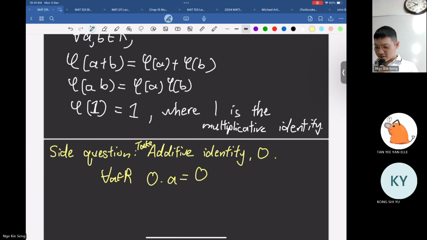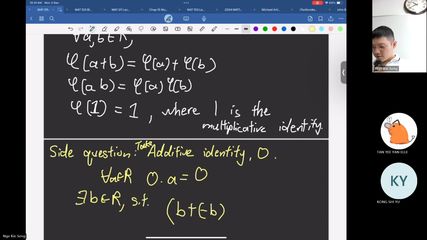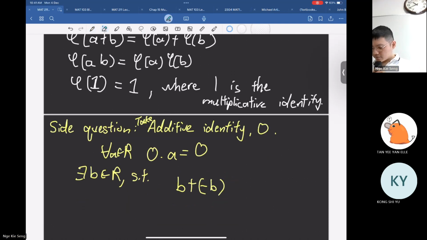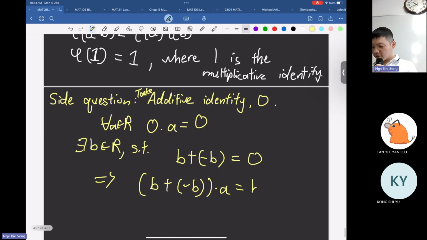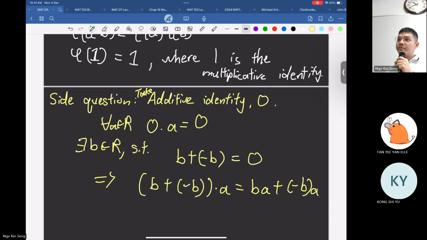So there is some B in R such that B plus minus B equals 0 first, right? This implies (B plus minus B) times A equals to what? Then for this part you need to use your distributive law. Here distributive law becomes important. You need to split it: BA plus minus BA.